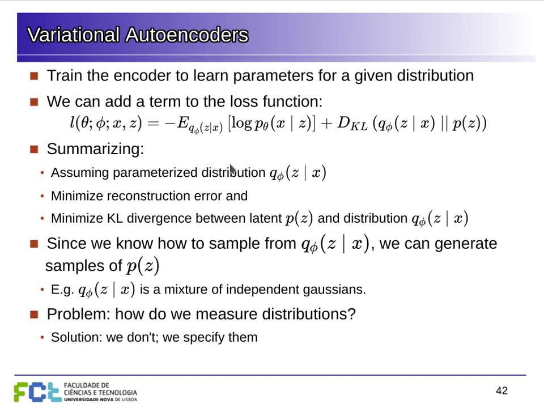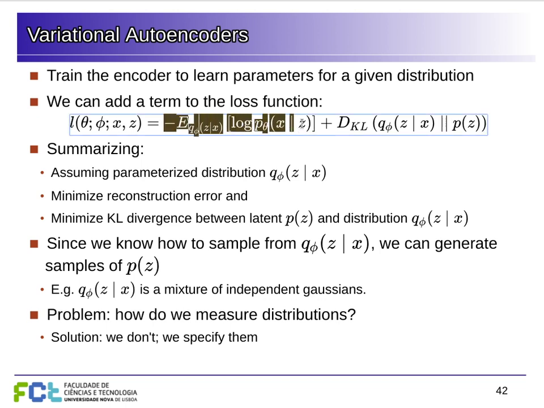So in this way, we are assuming that we have this parameterized distribution of the hidden representation based on x. This is our encoder that we are training. We are minimizing the reconstruction error that our decoder is obtaining based on the hidden representation the encoder created.